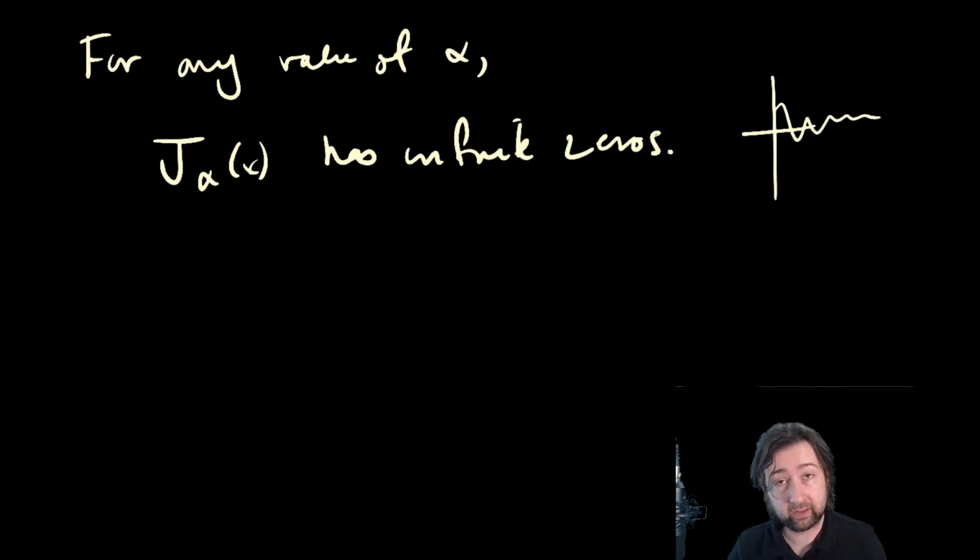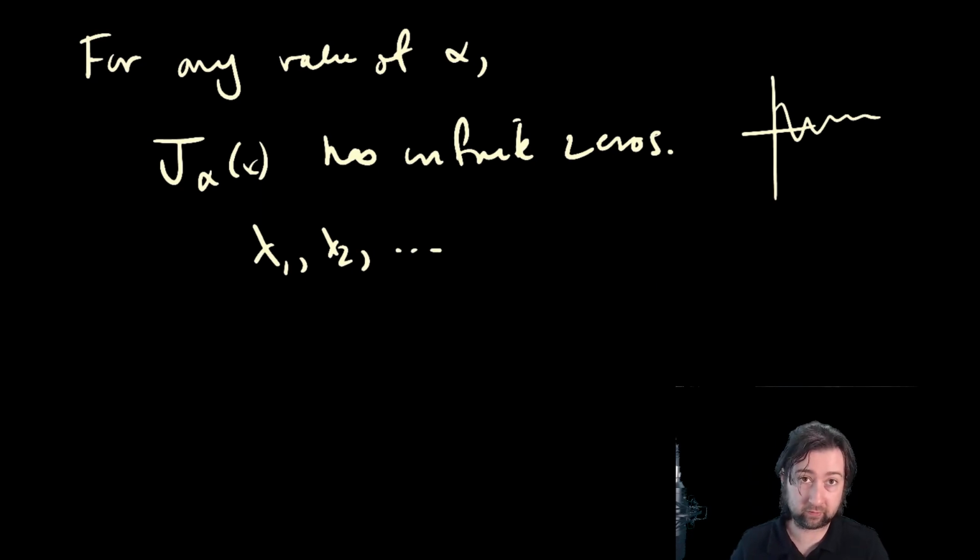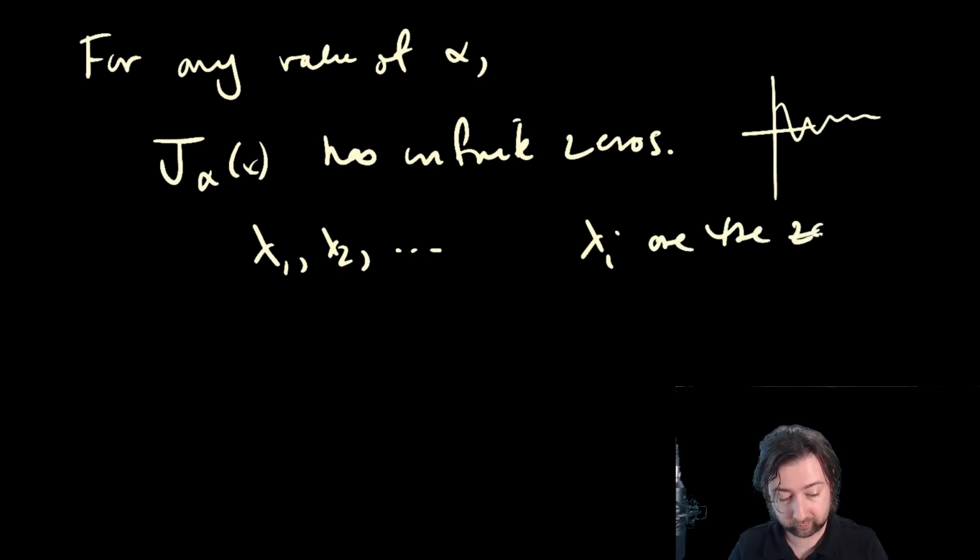It can be done. And once you know that, you can just list them in order. Now, they're infinite, but you can list them from beginning to end. So you can make a list, lambda 1, lambda 2, forever, where the lambdas are the zeros of J alpha of x.